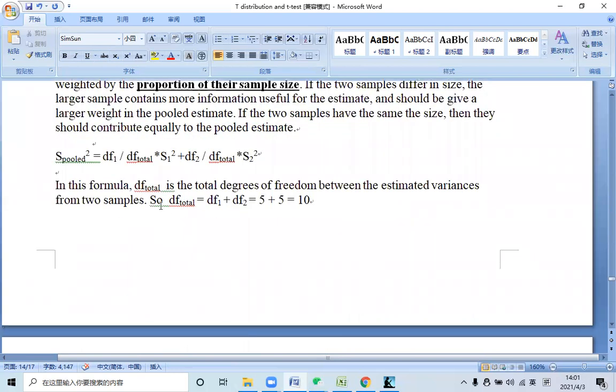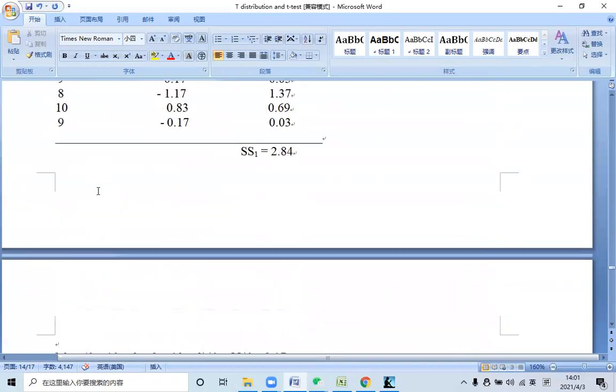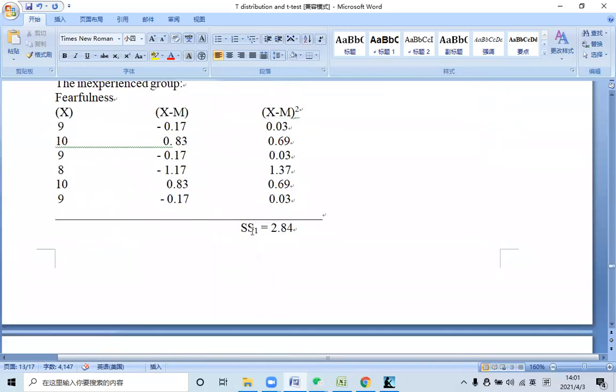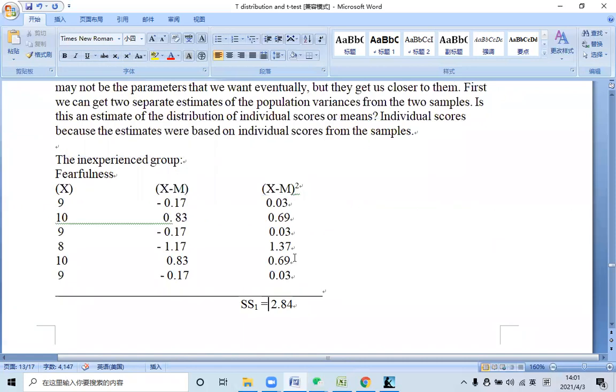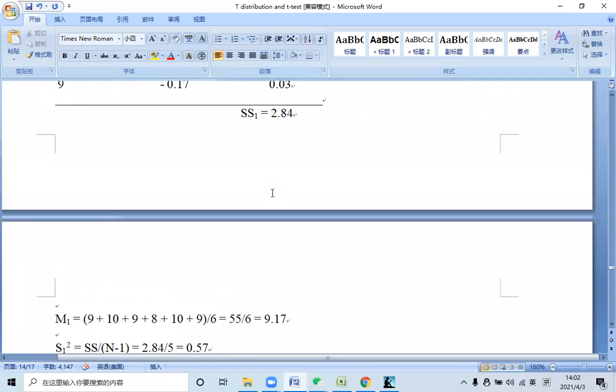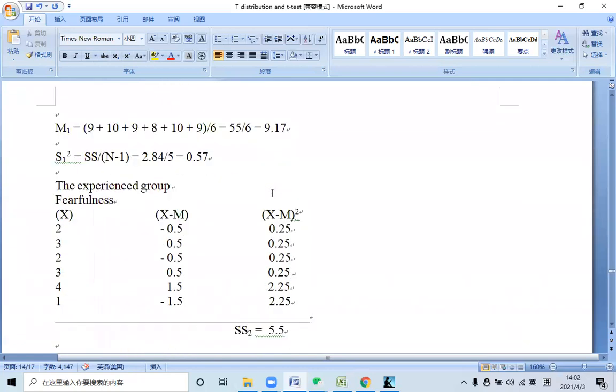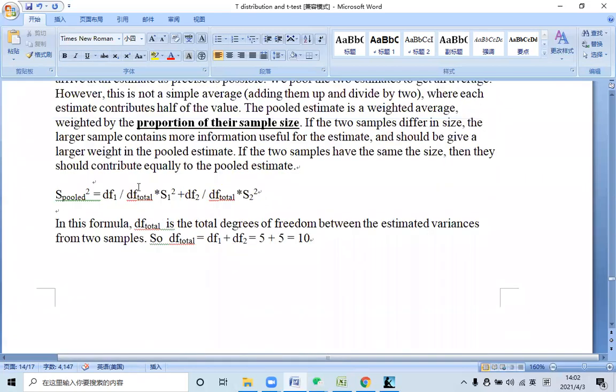So here, first, you want to pool the variance. You have two estimates of the population variance. One is based on sample 1, the inexperienced group. Another one is based on sample 2. Two estimates. You want to pool them into one single estimate.